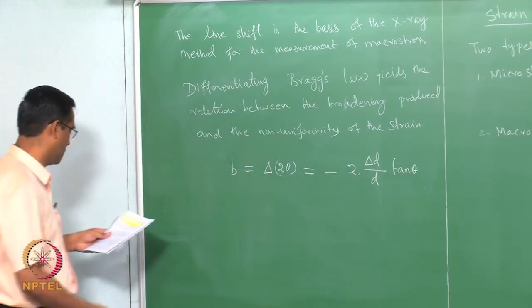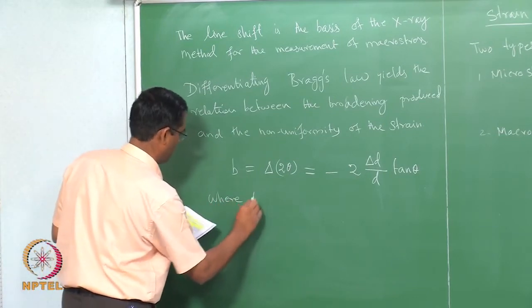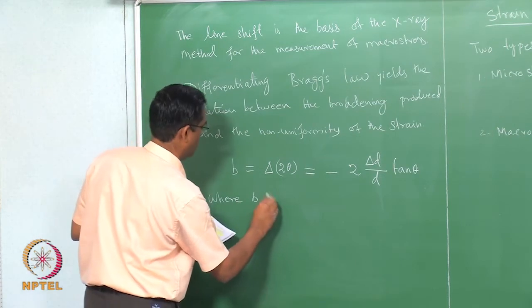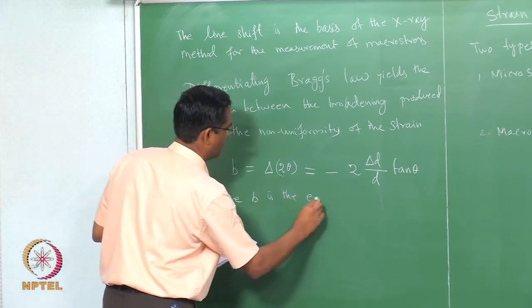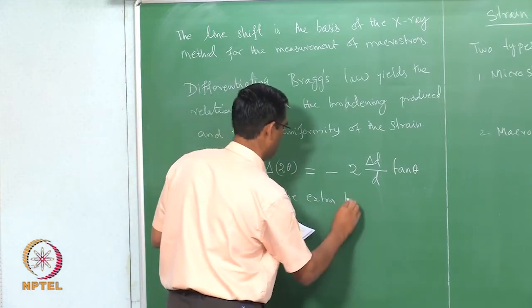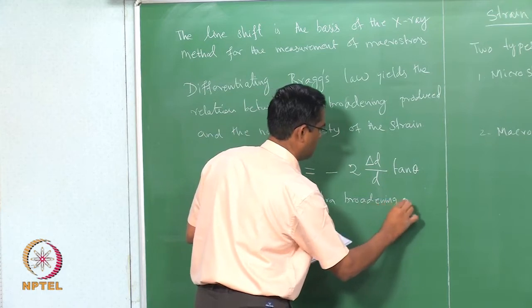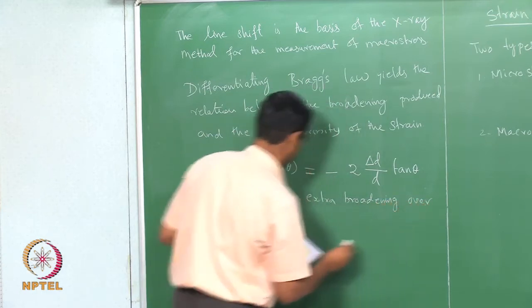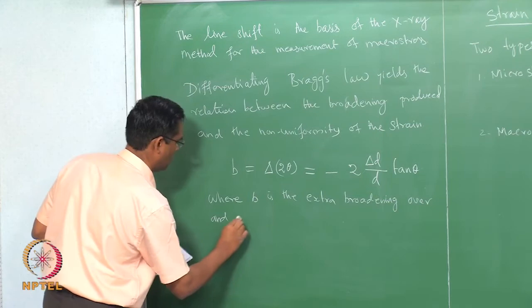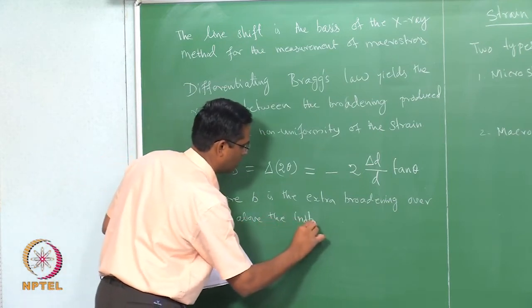So, this is the expression where B is extra broadening over and above the instrumental broadening.